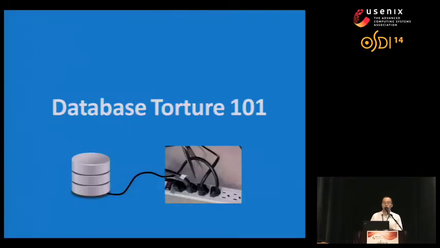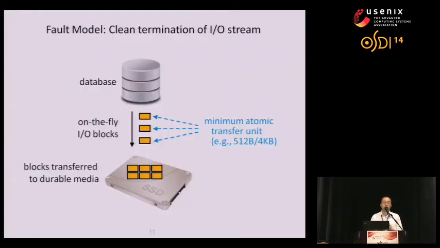Of course, we cannot cut the power off manually for millions of times. So we need simulation. And we need to be precise on what we want to simulate. That's why we define a fault model. Our model is simple. It's a clean termination of I/O stream. Under this model, there exists a minimum atomic transfer unit.